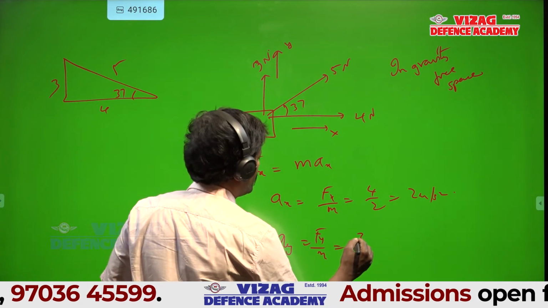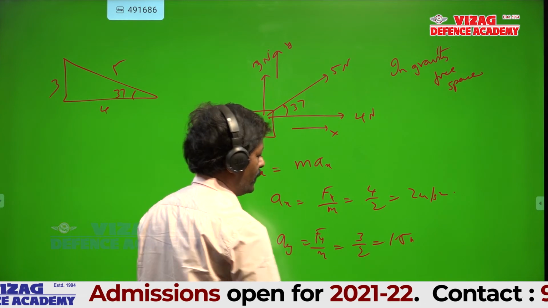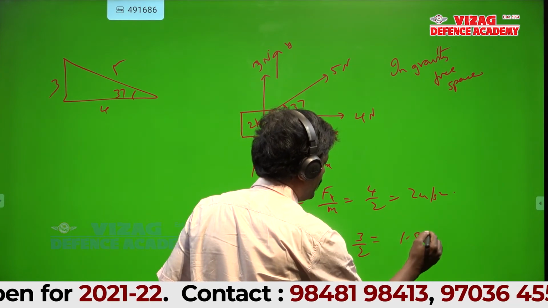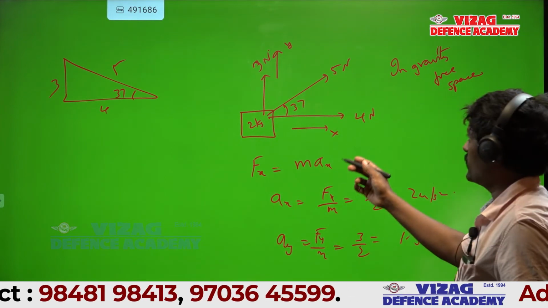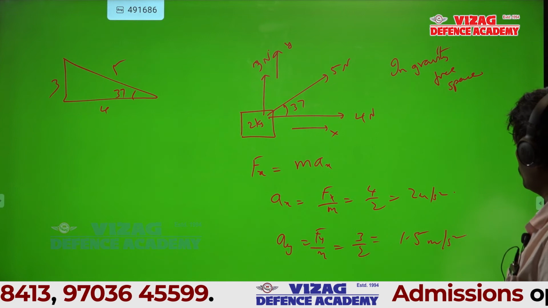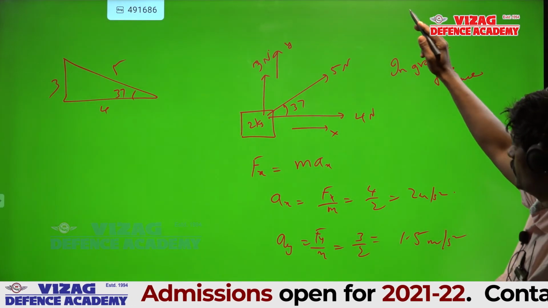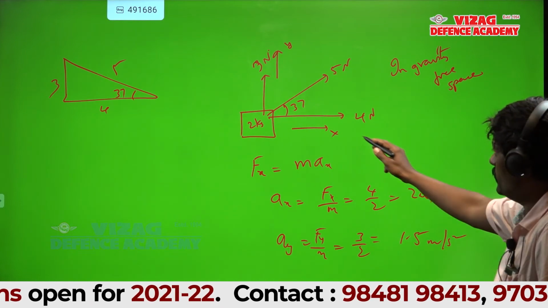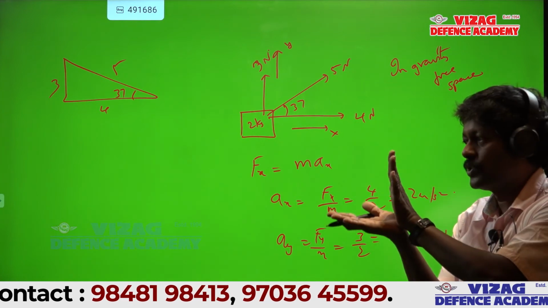Fy is 3, m is 2, so 3 by 2, 1.5 meter per second square. That means the body is having an acceleration of 1.5 meter per second square in the y direction, and an acceleration of 2 meter per second square in the x direction. It is a two-dimensional motion.